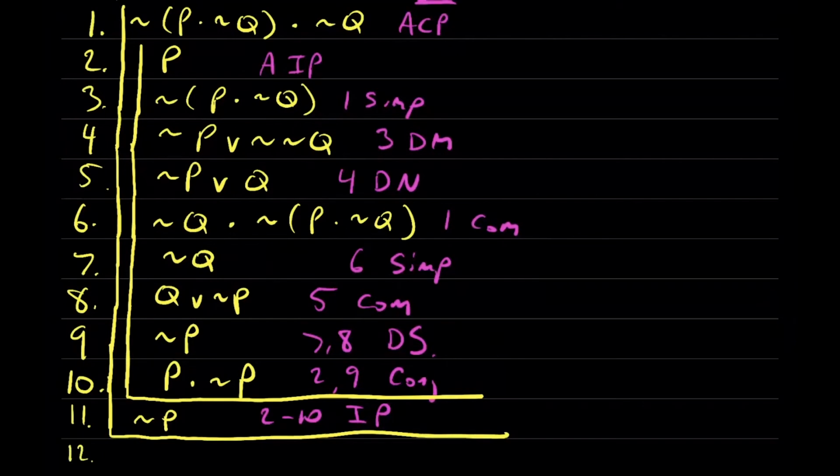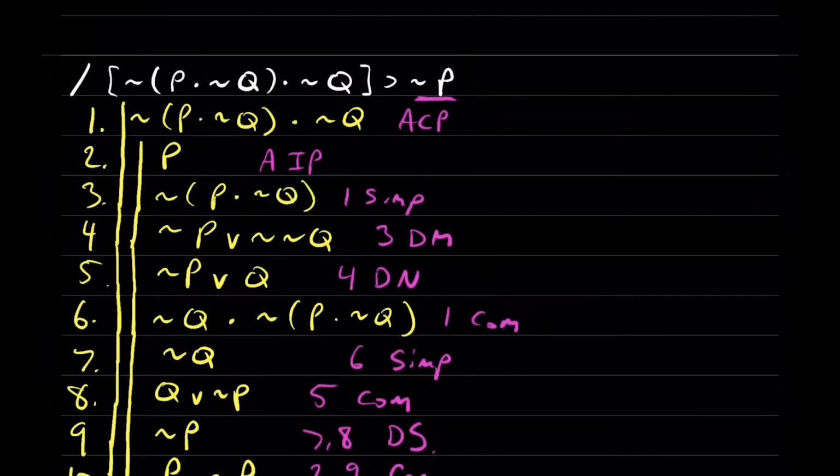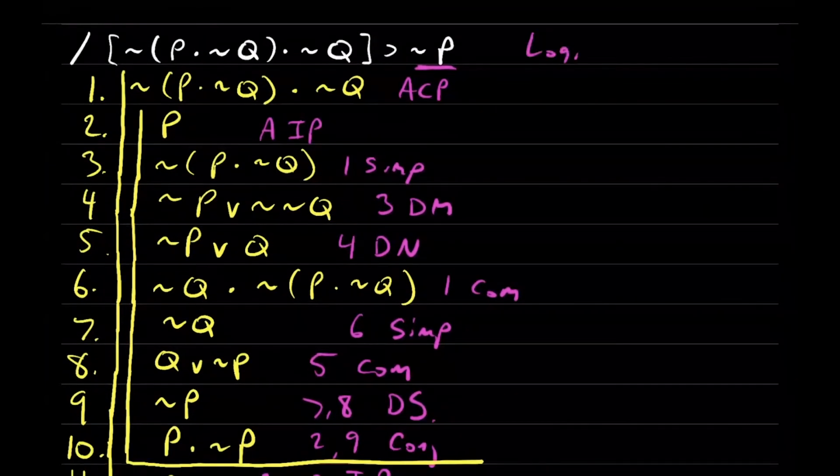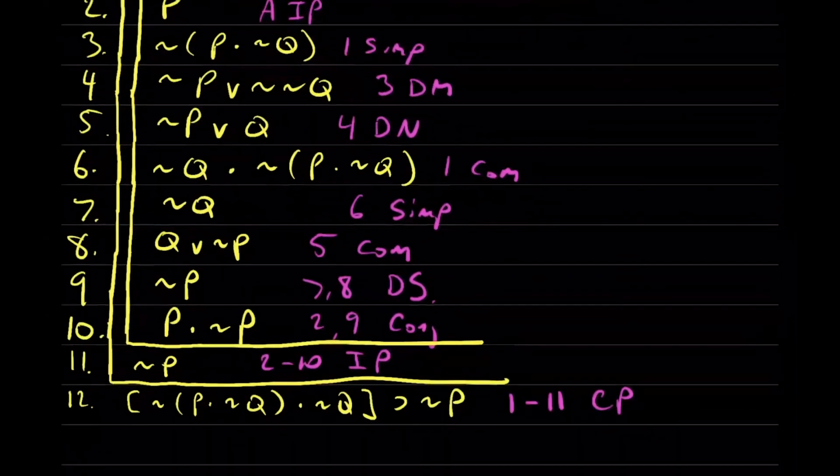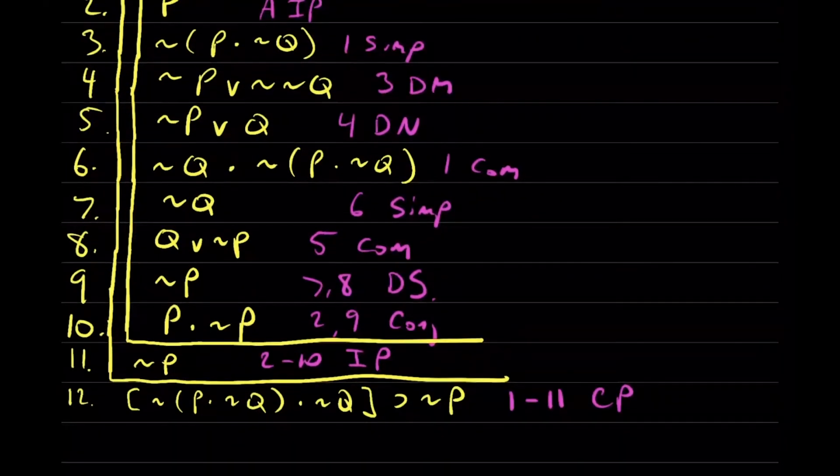And we've shown in a bracket, if you have it's not the case that P and not Q and not Q, then you can get not P from that. And that's going to follow from line 1 through 11 by conditional proof. And just scrolling back up here for reference, we've shown that this is a logical truth. It's derivable from no premises whatsoever using a conditional proof sequence or an indirect proof sequence, which we did finally here on line 12. And we're done with that proof.